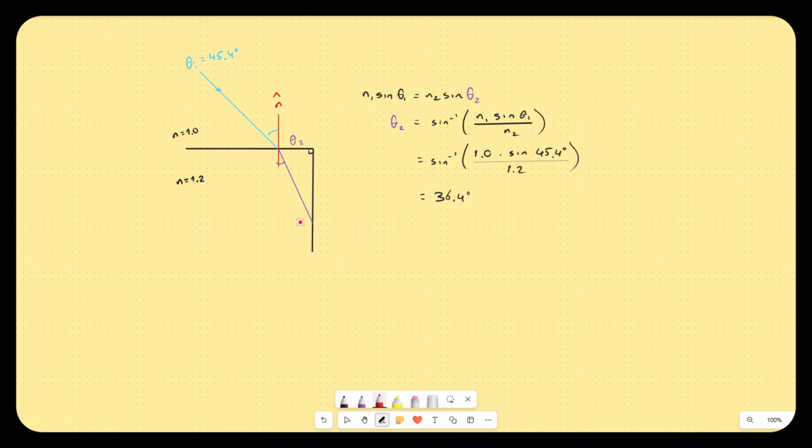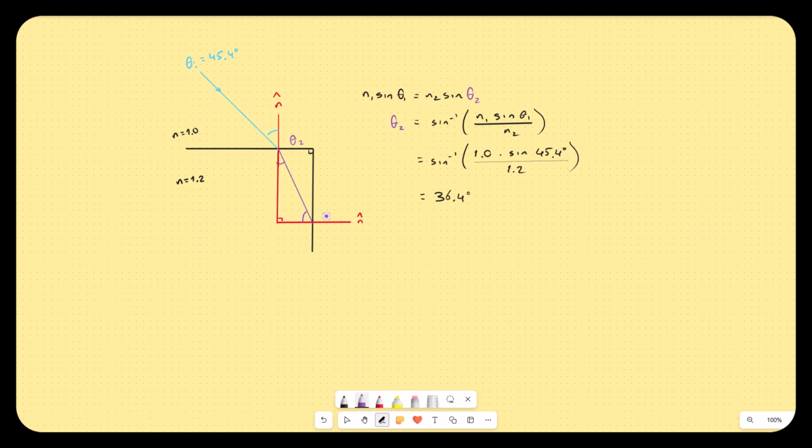That is going to be incident here. So I'm going to make a second normal. And I'm actually going to make a triangle out of these. This is a right triangle, so what I know, this angle is 36.4 degrees. The angles have to add up to 180, and there's a 90 degree angle.